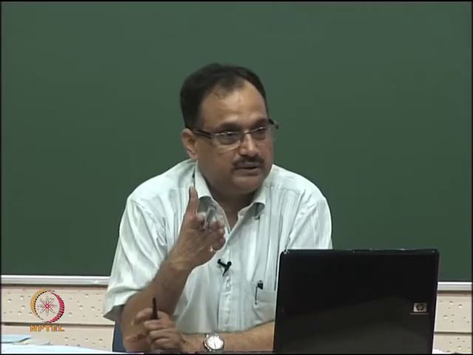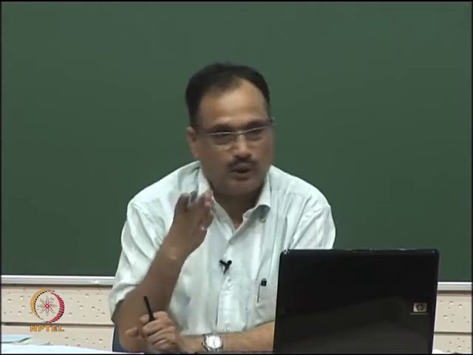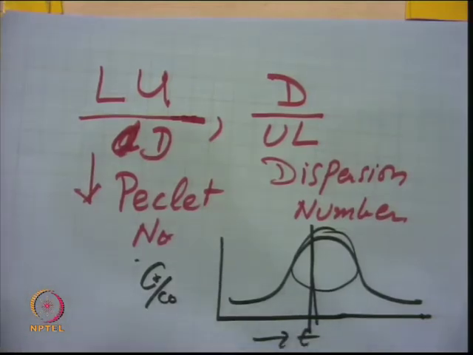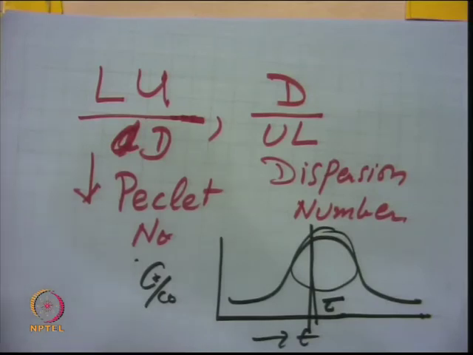Now, how much is the deviation from the actual plug flow reactor? Because if you have a plug flow reactor, everything should come at the same time, so you will see just a narrow peak, and that is your tau, basically, which I defined as space time.